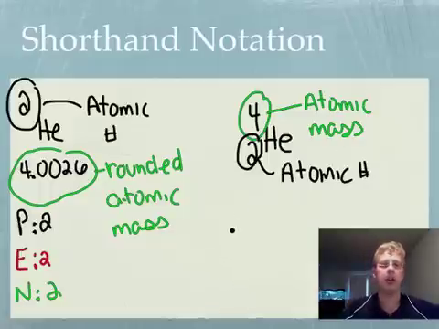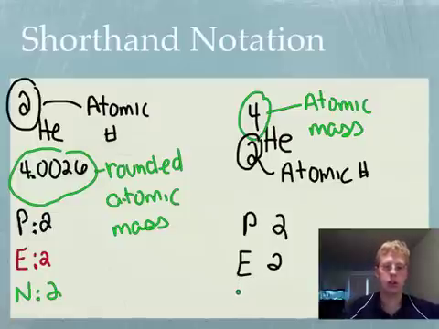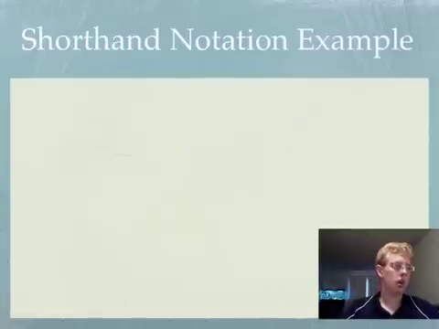One way to know that you're dealing with shorthand notation is that if the upper left-hand corner number is bigger than any of the other numbers provided, that's going to be your atomic mass. Atomic mass is always going to be larger than atomic number. But still using the same information, we see that we have 2 protons, 2 electrons, and 2 neutrons.